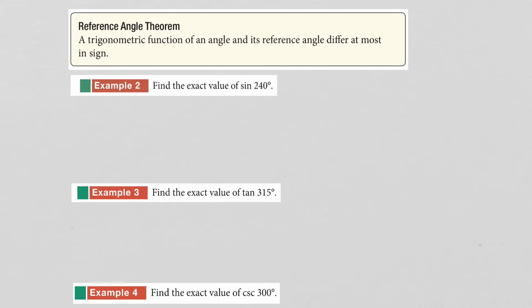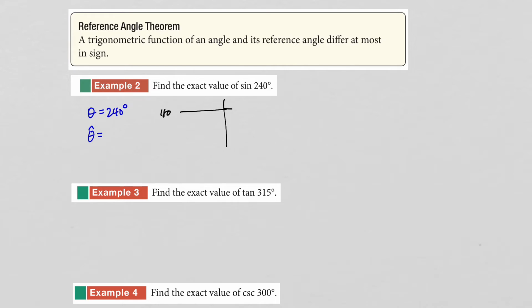So let's do an example over here to the side to make sure we understand this concept. Here we want to find the exact value of the sine of 240 degrees. So our angle theta is 240 degrees. First of all, I want to find the reference angle for 240 degrees. We did this on the previous page, but let's go through it.